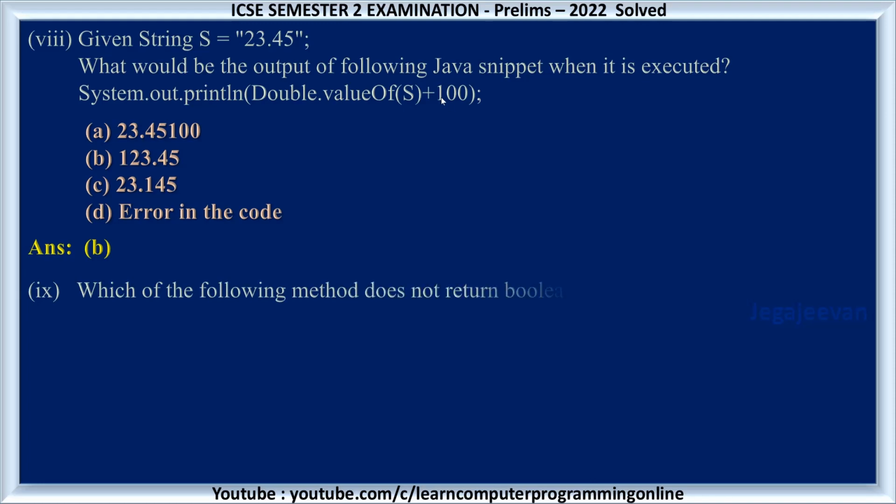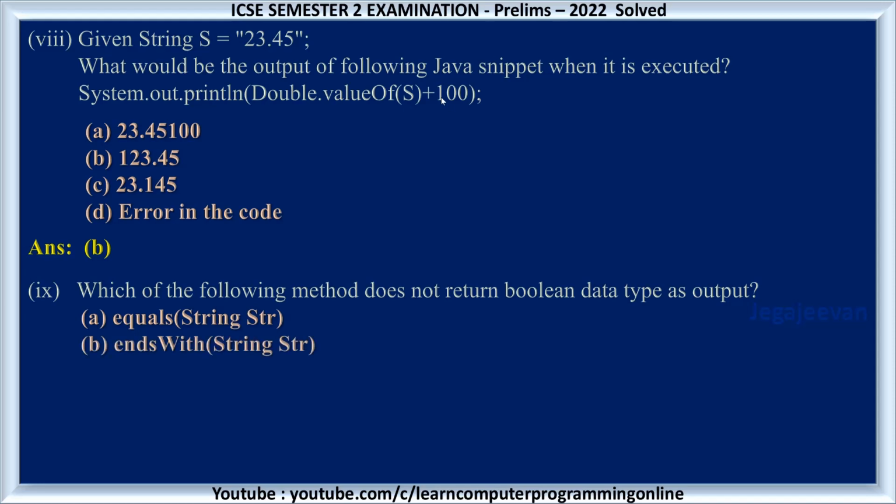Which of the following methods does not return Boolean data type as output? Equals of string str, endsWith of string str, compareTo of string str, isWhitespace of character ch.